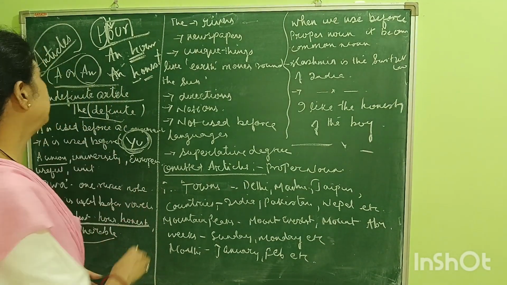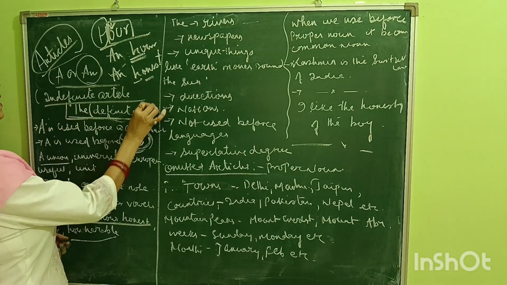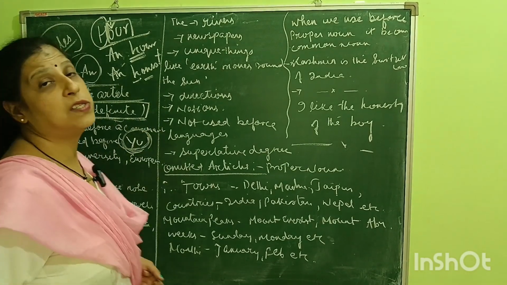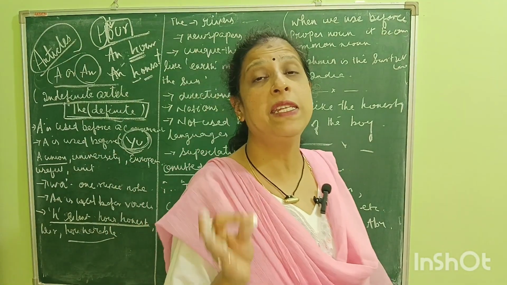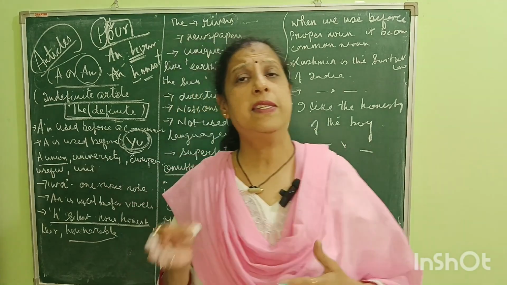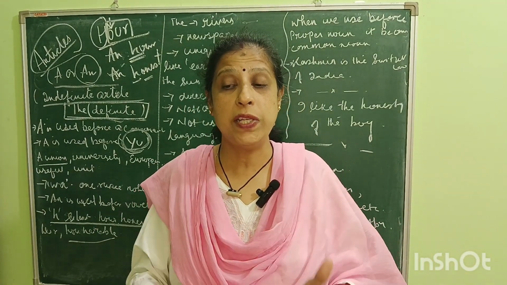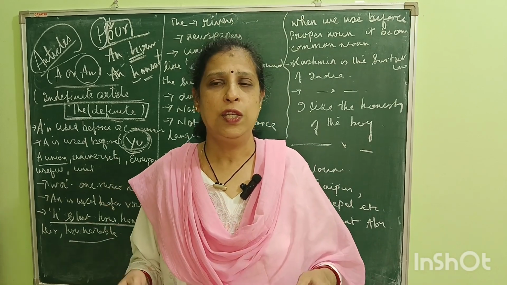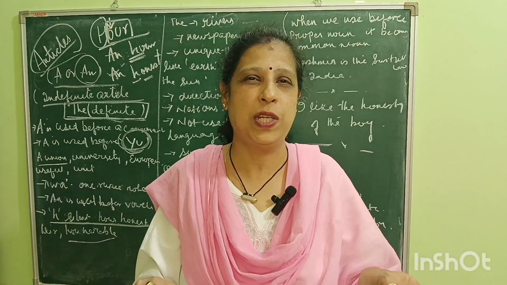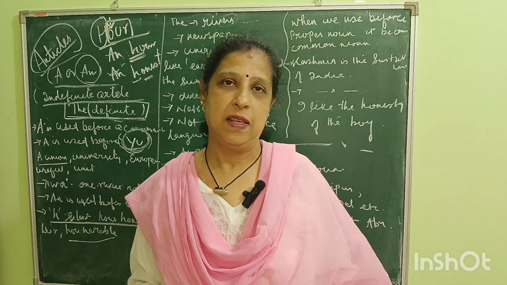Now we come down to another section, that is the. What is the here? The is called a definite article, because here we point our finger towards a particular object, place, thing, or person.